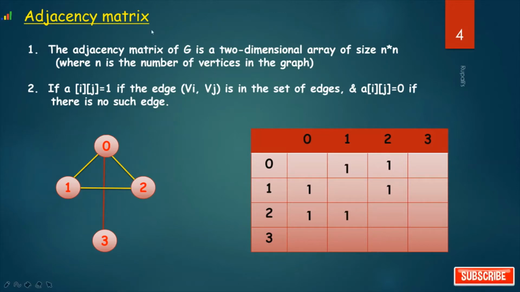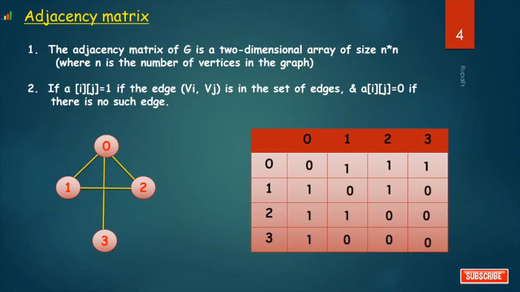Next consider this edge 0 to 3 and 3 to 0, it is 1. And remaining all places are 0 because no edge is there. So this is the adjacency matrix representation of this graph. If there is an edge, the corresponding place is 1, otherwise 0.